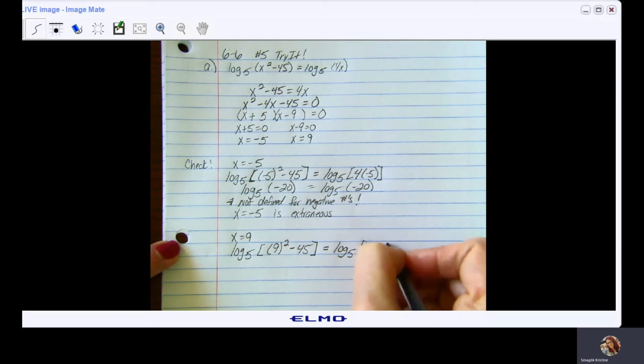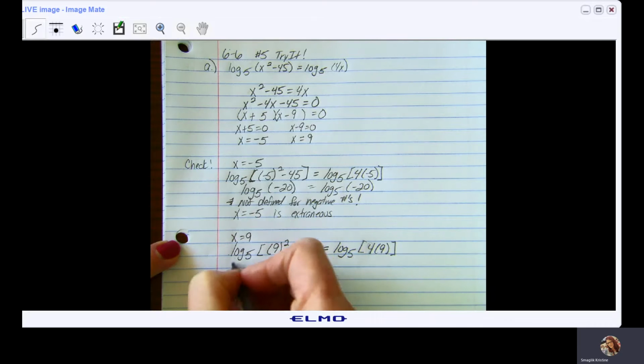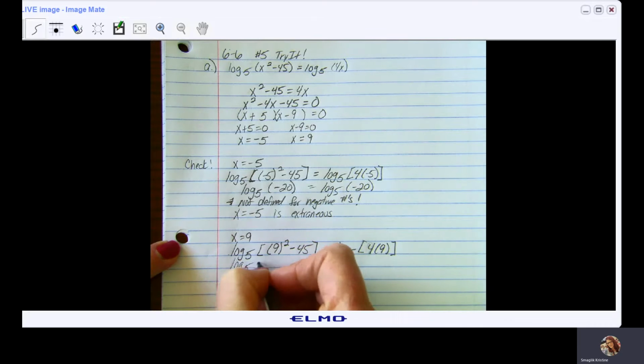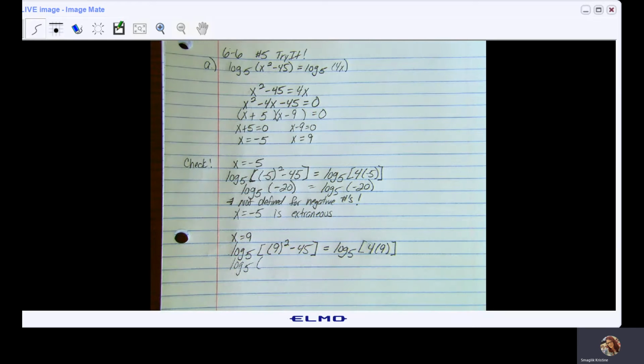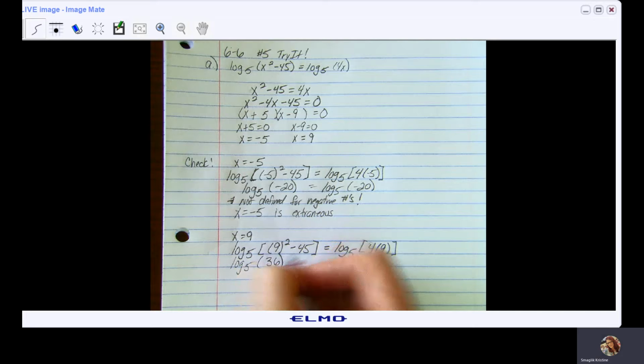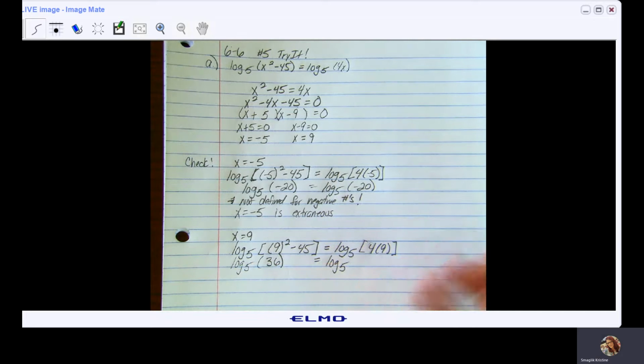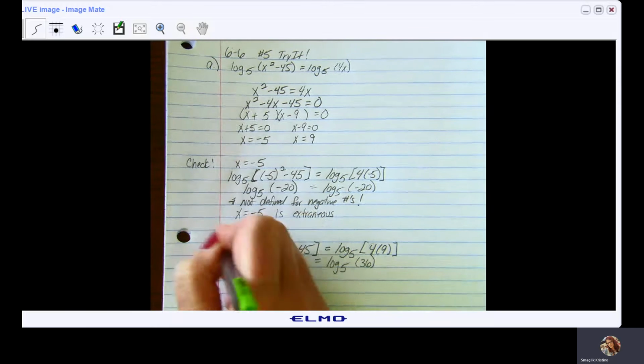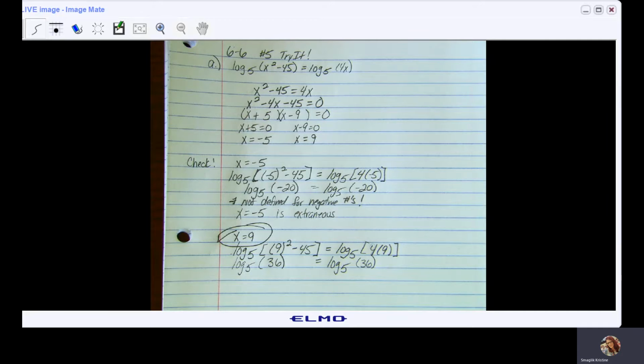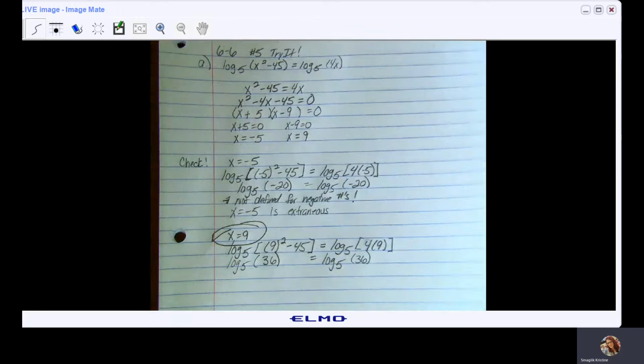So here we go, log base 5, 9 squared is 81, minus 45 is going to be 36. Looking good so far. Log base 5, 4 times 9 is 36. Yep, there we go. That is valid. X equals 9.